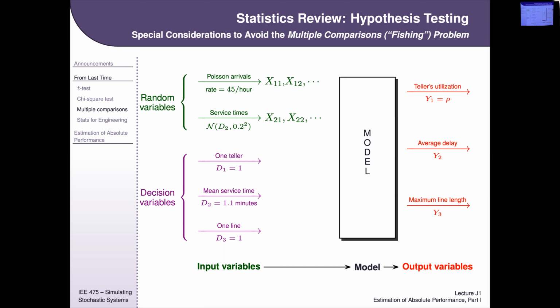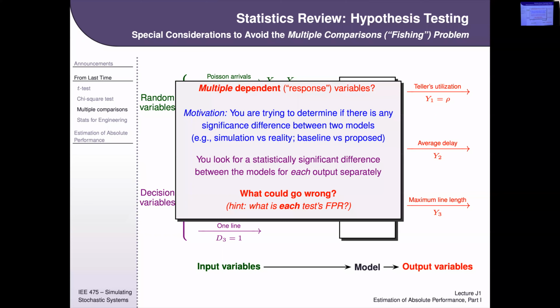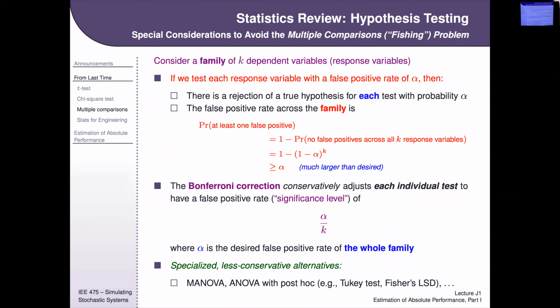So if you're looking at multiple outputs, make sure you adjust your individual error rate for the number of comparisons that you do. Does that make sense? Are there questions on that? That's just what I'm summarizing here.